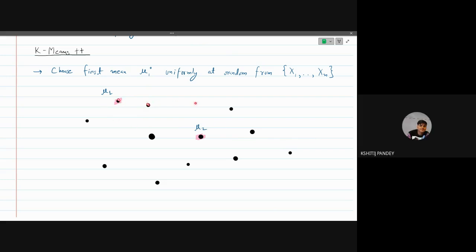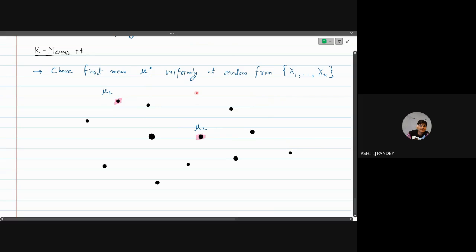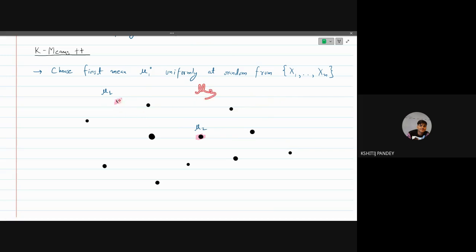Now, as all the values are between 0 and 1, this is a probability density, right? So now the mu3 can be selected using this probability distribution.